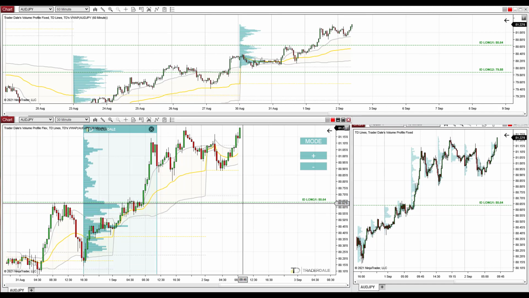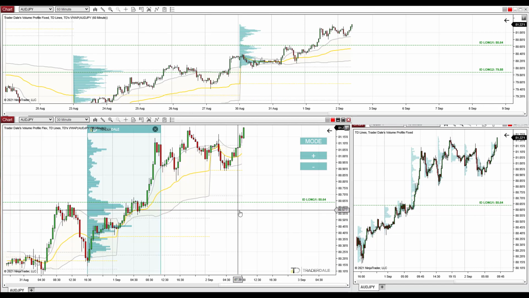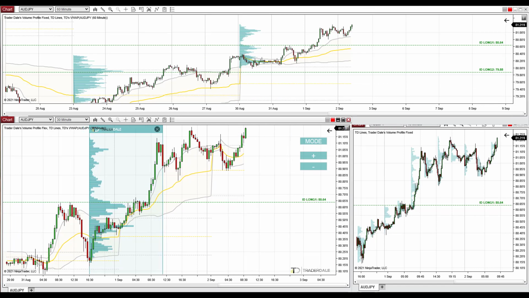So that's the volume profile setup, but there's also one more setup, and it adds strength to our day trading support. The setup is a price action setup, which I like to use as a combo with volume profile setups.